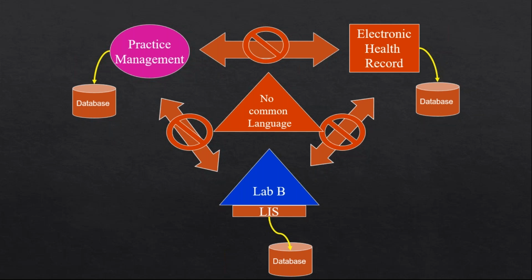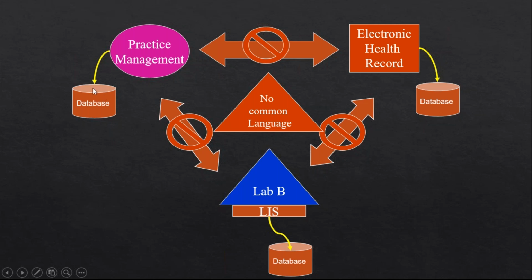So let's say a patient gets registered in the PM system, it will be stored in the PM's database, and it has to go over from the PM database to the EHR database and get stored in that database so that it can be seen in the EHR application. This is usually done by an integration engineer. What the integration engineer does is he will try to understand the database architecture of the EHR and, based on that, he will extract the data.